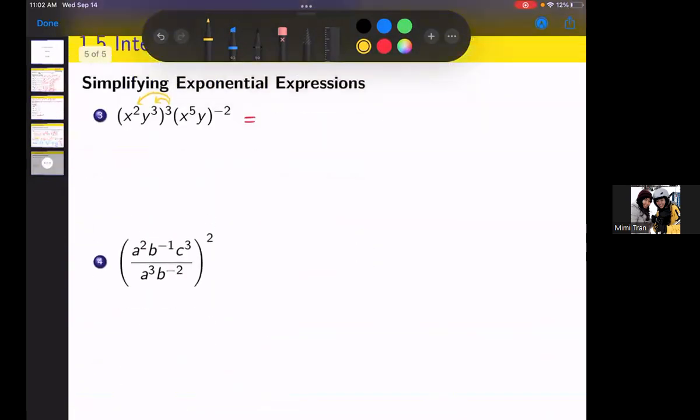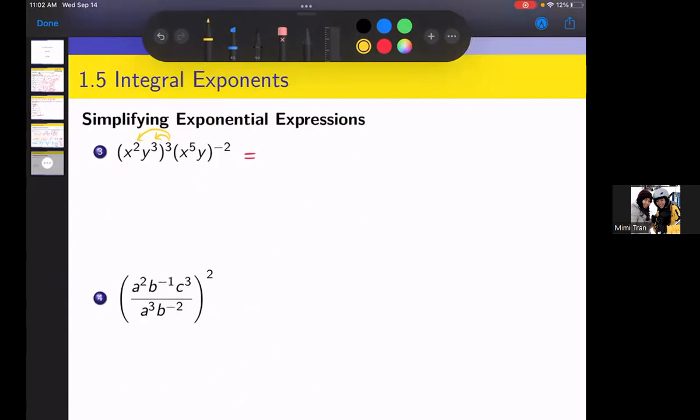I do the same thing. x squared cubed, and then y cubed, which is x to the 6th, y to the 9th. And I do the same thing to the negative 2: x to the 5th to the negative 2, y to the 1st to the negative 2 is y to the negative 2. x to the negative 10, y to the negative 2.